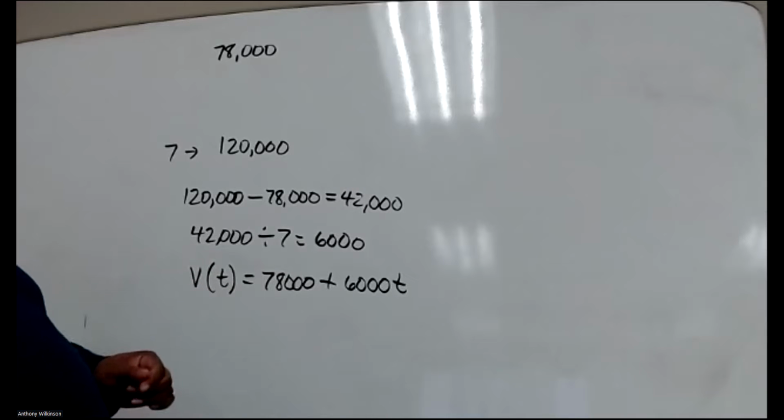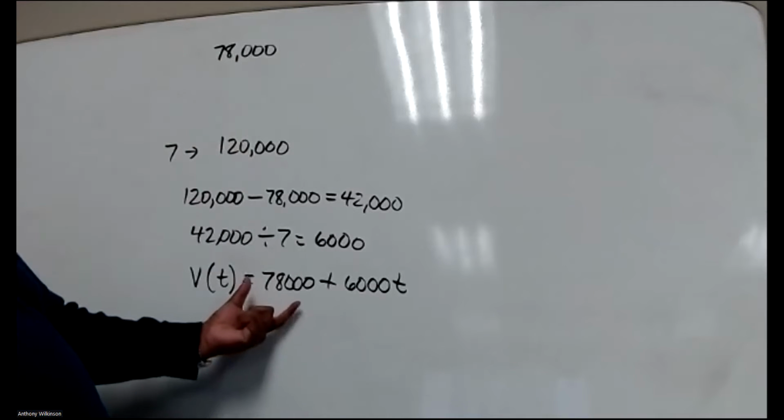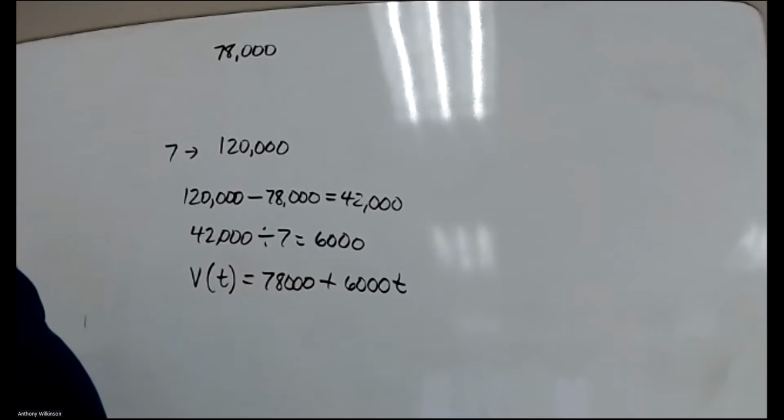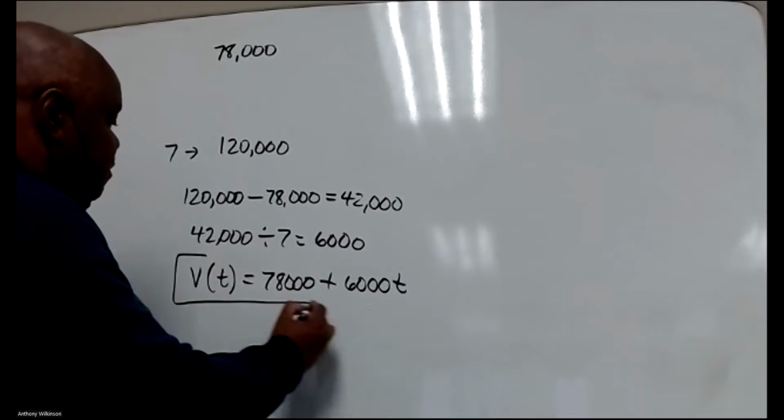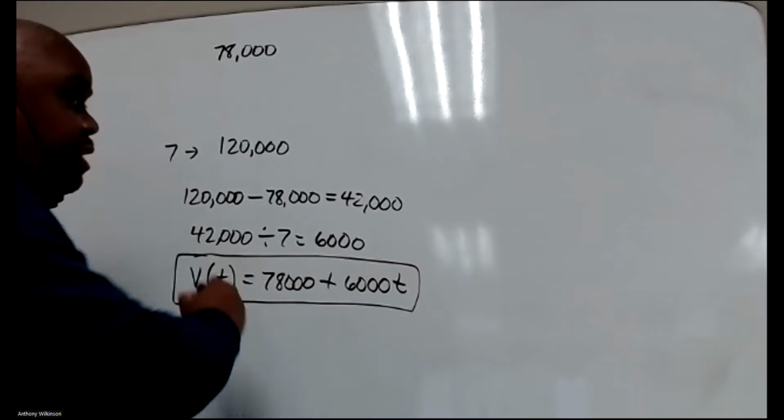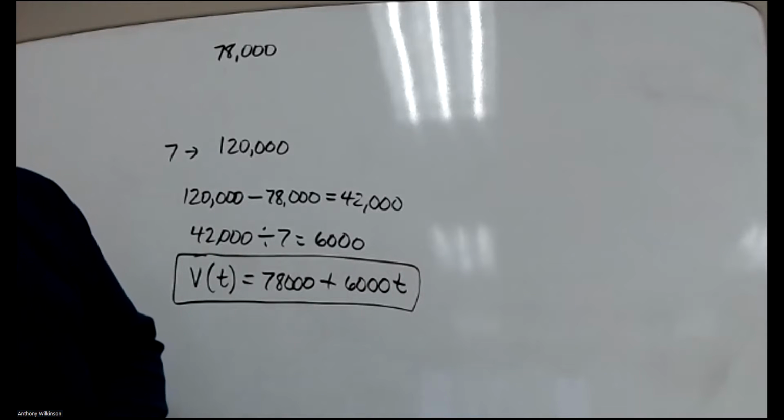So the value of the house increased by $6,000 a year. It started off at 78,000, and then we're adding $6,000 per year. This would be the function for that problem. Questions on that example?